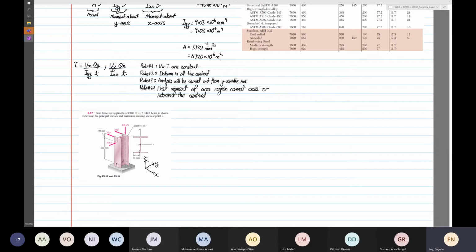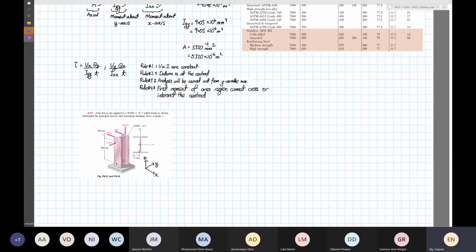So we are now going to view this structure in the XZ plane. Okay. So draw your transformation. Right. And then you will have your rotation about Y. I'm using right hand rule.